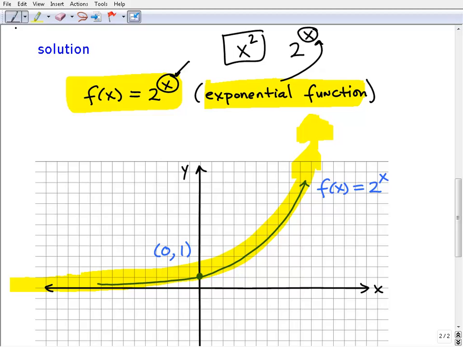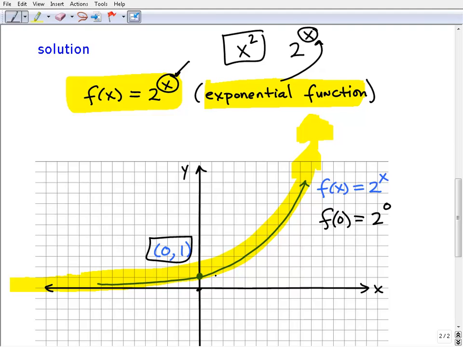Now, one thing I want to show you here is that we have the point (0, 1), because the graph intersects the y-axis at 1. If you think about why that is, let's say I want to find the point where x is 0. So we're going to go 2 to the 0 power, right? Anything to the 0 power is 1.